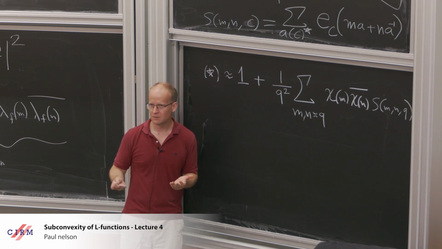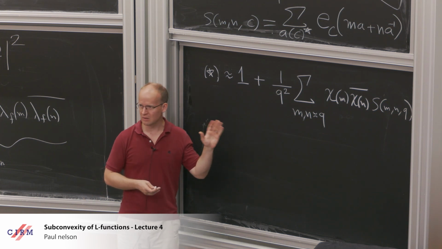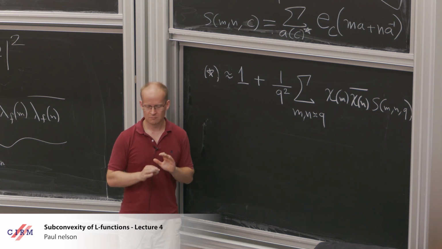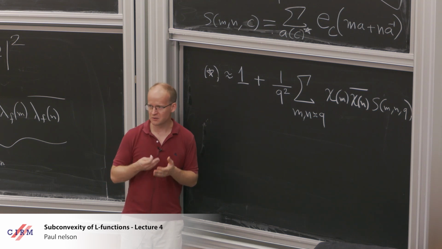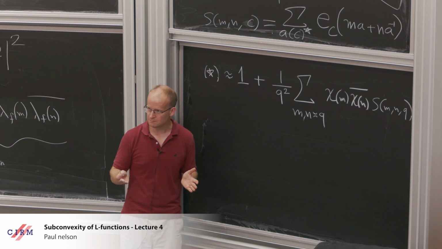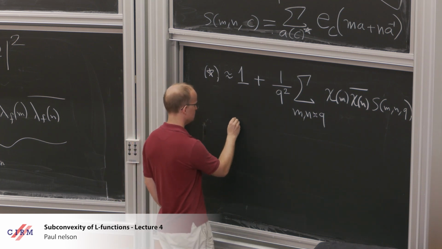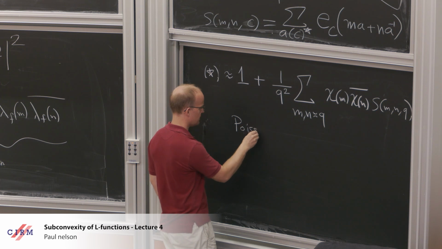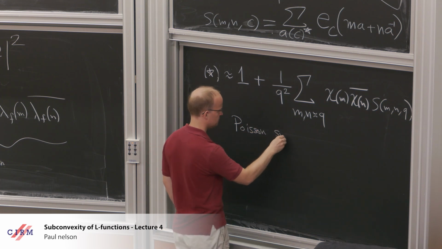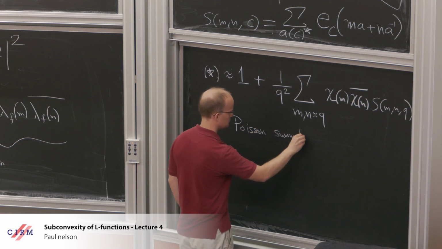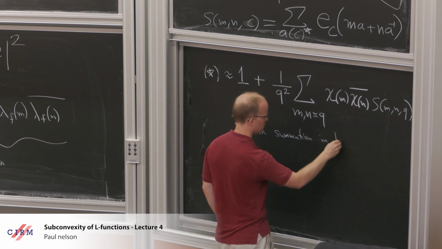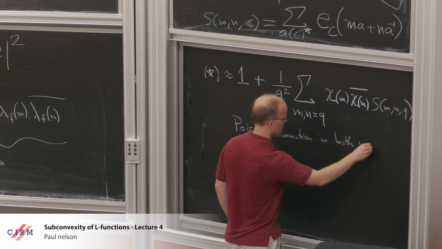You should be able to analyze this expression very well in terms of complete exponential sums modulo q. So the next step here is Poisson summation in both m and n.